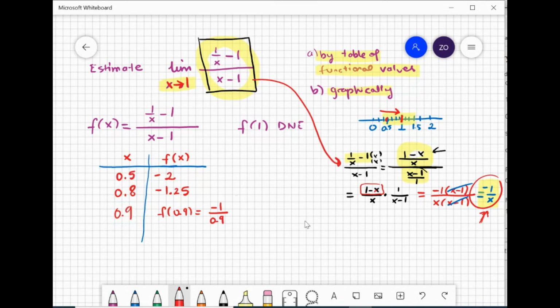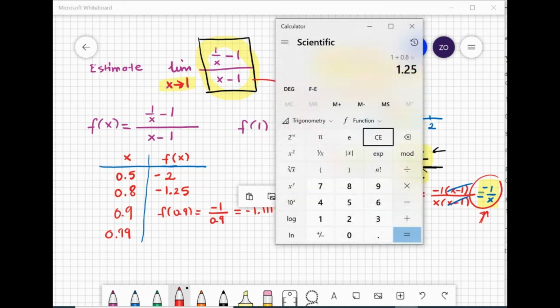It equals, is it 1.111? Okay, so negative 1.1111. So let's get closer, 0.99. So 1 over 0.99, which is 1.010101.